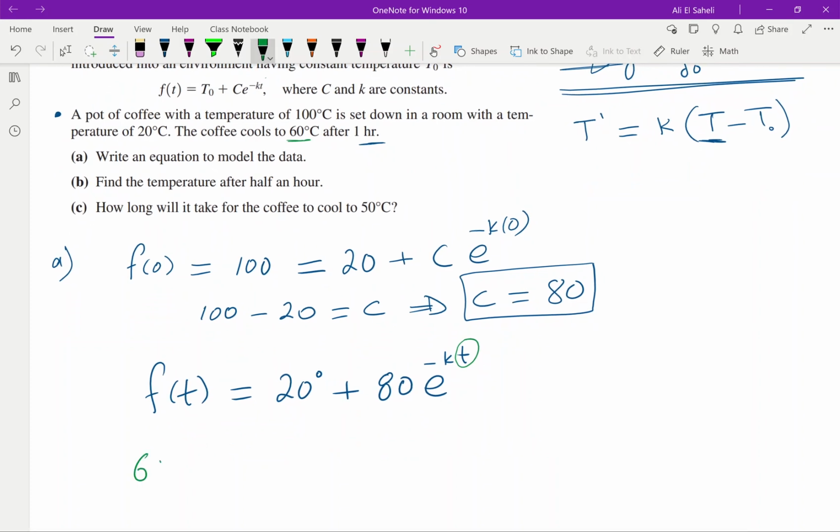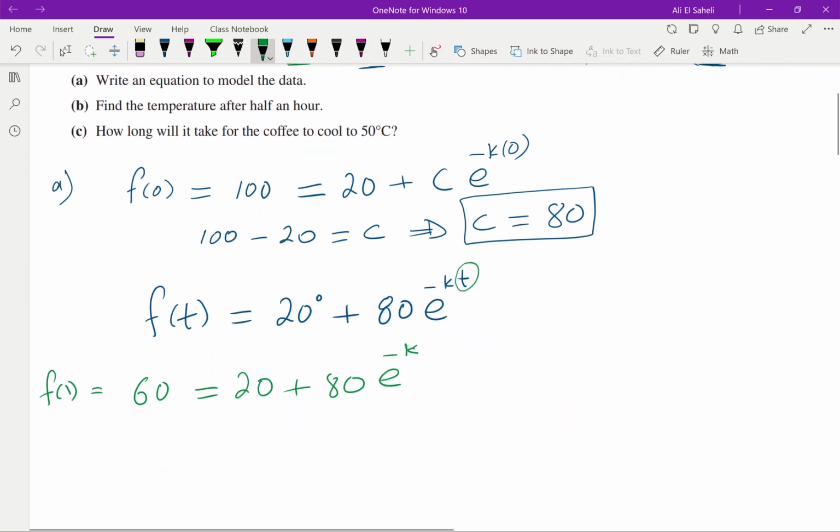So 60, this is f of 1 hour. 60 equals 20 plus 80 e to the minus k times 1, after 1 hour. t is 1, which means 80 e to the minus k equals 60 minus 20, which is 40.